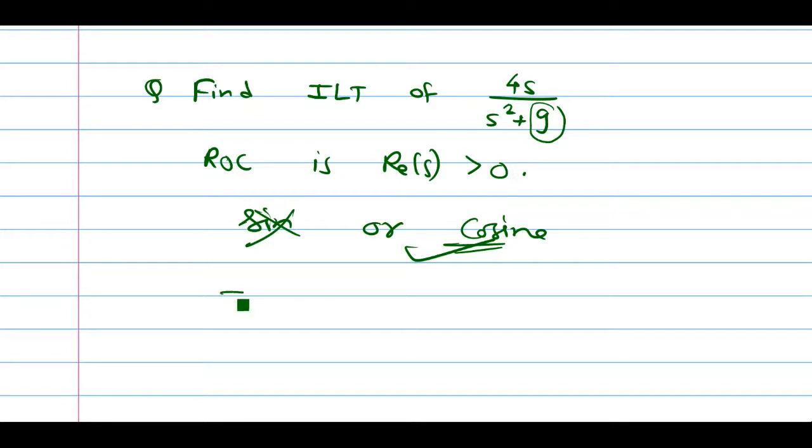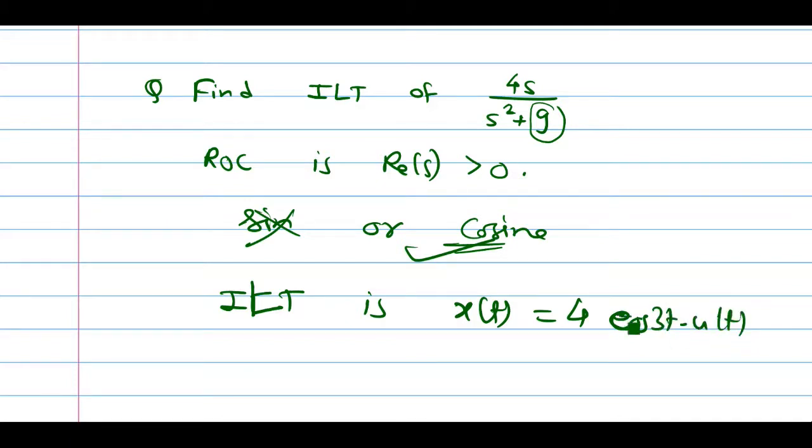So the inverse Laplace transform is x of t equal to 4 is a constant, into cos of 3t into u of t. So this is the inverse Laplace transform 4 cos 3t u of t. Here no need to adjust anything because in the numerator we have s upon s square plus a square. As 4 is a constant, treat this as a constant only.